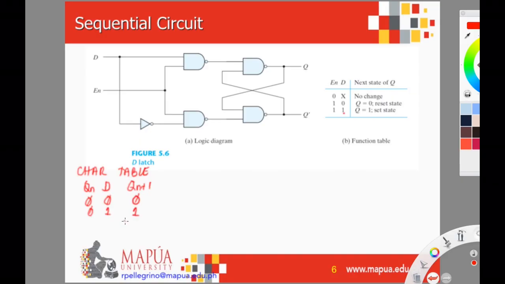So in this case, we have here 1, 0, and 1, 1. If you have 1, that is 0, still that is 0. If that is 1, that is still 1. So in that case, what will be the circuit for Qn plus 1?